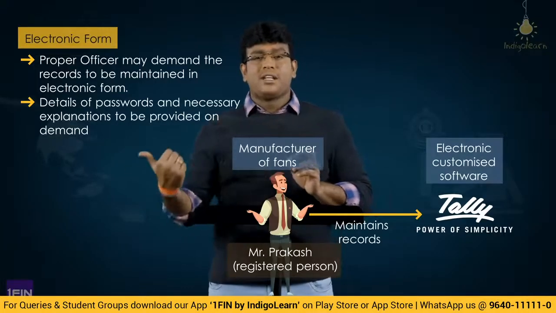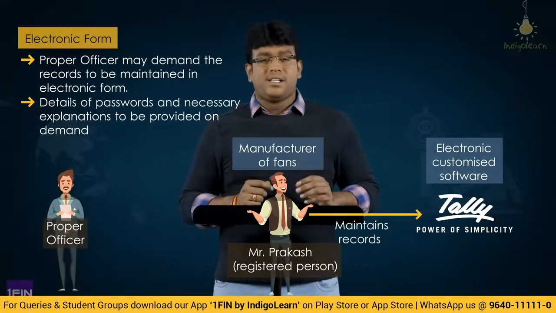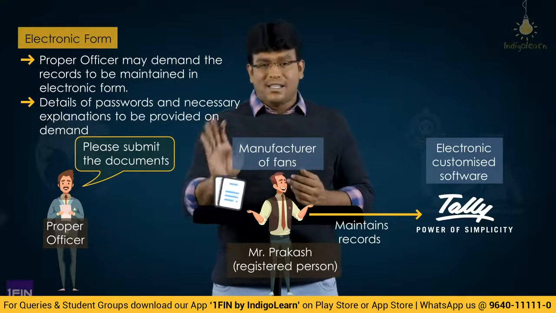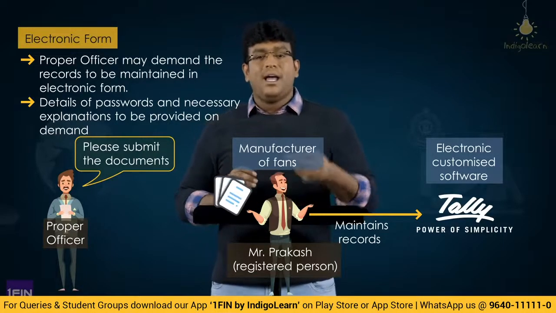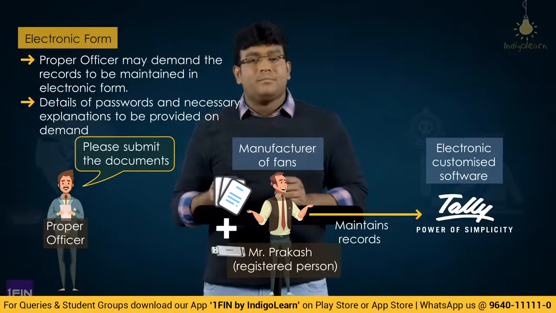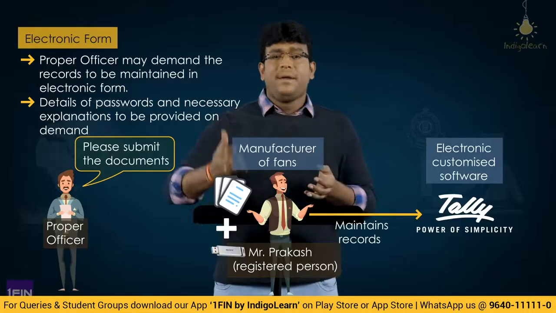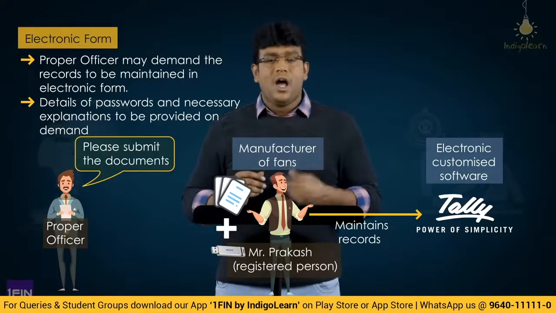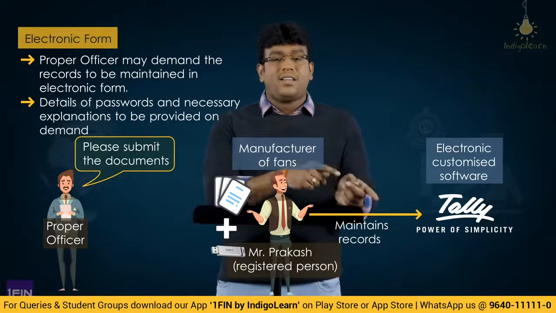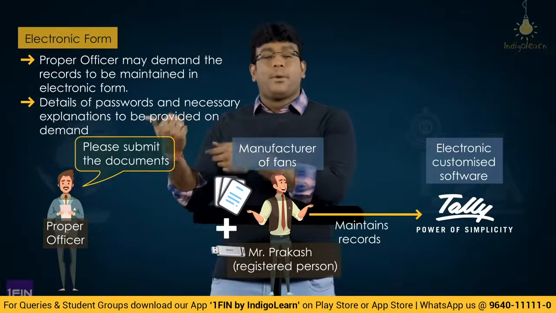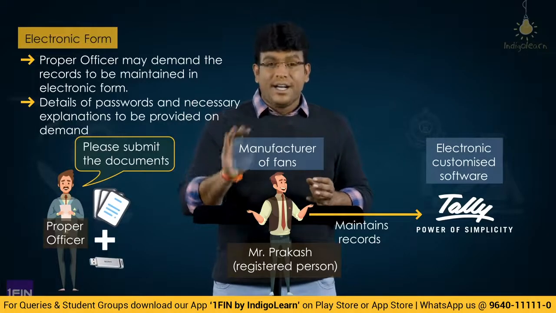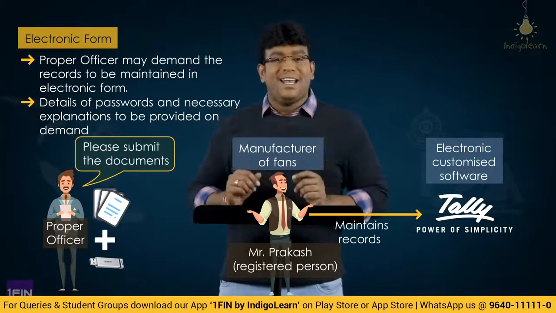Now when the proper officer asks Prakash to submit the documents, he can take a few printouts as a sample copy, and along with that he can also provide the backup of the data in readable form. Generally they convert it to Excel spreadsheets, or the backup is taken on a pen drive and that pen drive can be submitted to the proper officer, so that it will be readable as well as understandable.